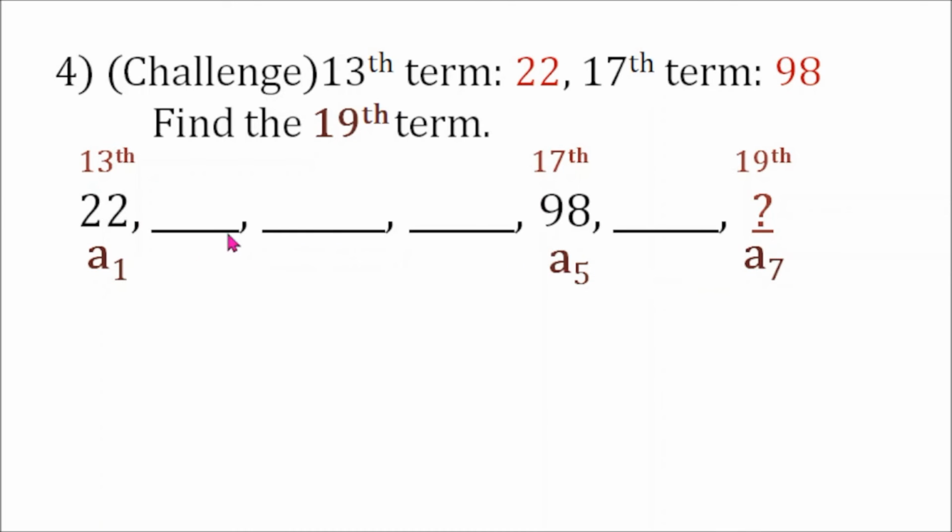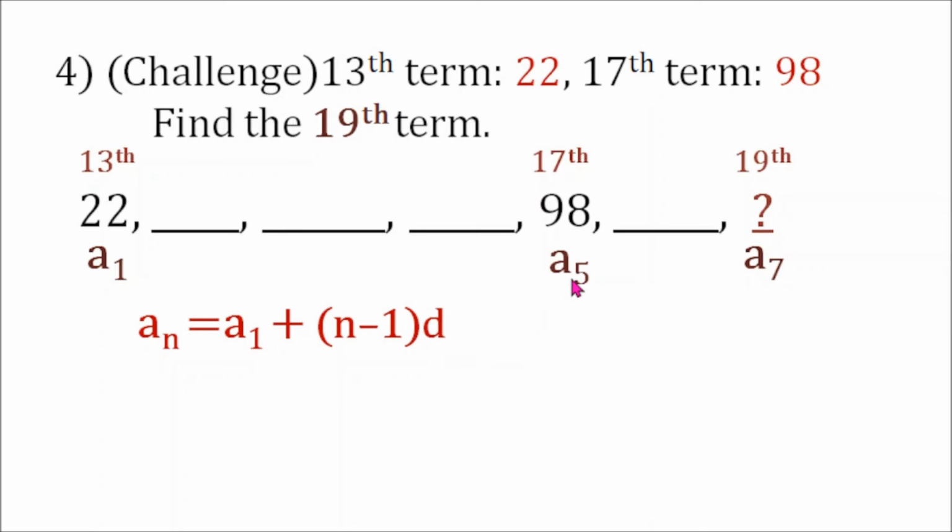So notice here that there are 3 missing terms between 22 and 98. So this is a sub 1, a sub 2 here, a sub 3 here, a sub 4 here, and a sub 5 here. So we can use these numbers here to find the common difference. The formula is a sub n equals a sub 1 plus the quantity n minus 1 times d.